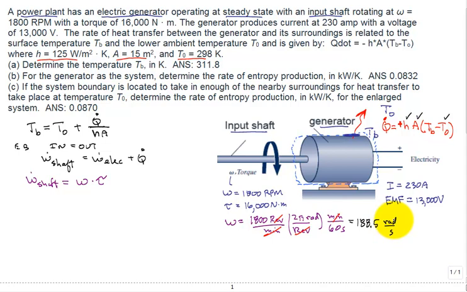What is radian? It's a length over length, so it's really dimensionless, but I know that I'm talking about an angle of rotation, a length over length, so that's radian. Okay, so we can make the calculation. What's that shaft power? 188.5 radians per second times the torque in the shaft, 16,000 Newton meter.